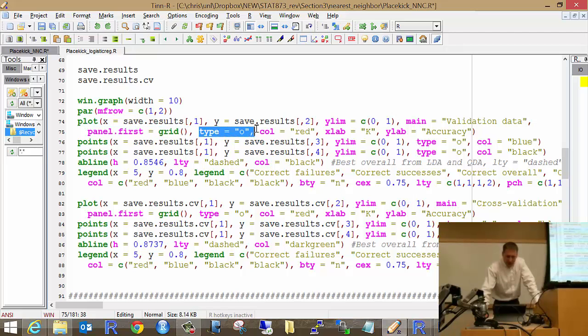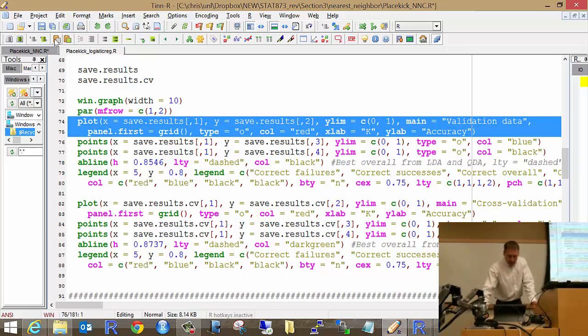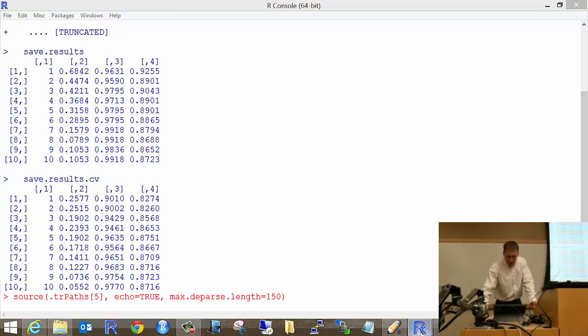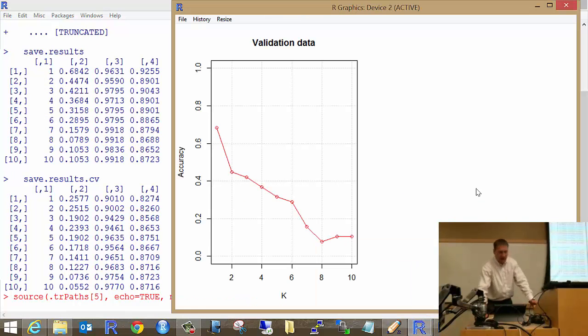And then this argument's new: type equal O. The default with the plot function is type equal P, standing for plot points. What type equal O says is plot the points, yes, and also draw lines between the points. This is helpful in this situation so you can see trends as a function of K. So if I execute this code, you can indeed see that we have the points and we also have lines connecting the points.